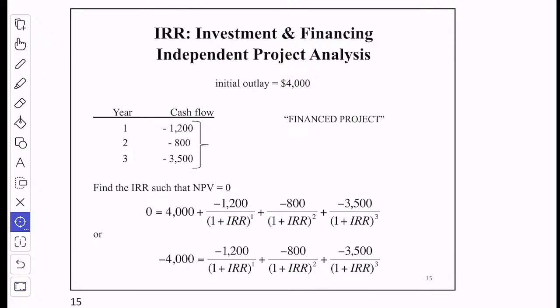And now looking at this, as the internal rate of return increases, the denominator will increase, but as a result, each value will decrease. So this part of the function will be decreasing.